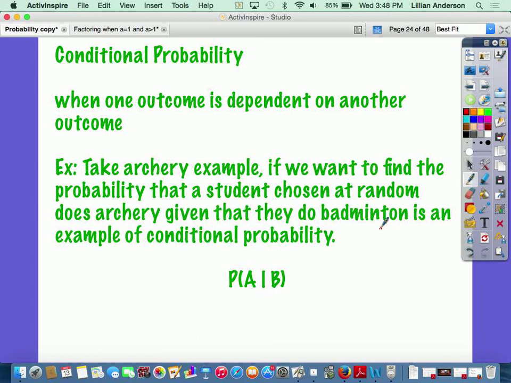Let's say we want to find the probability that a student chosen at random does archery given that they do badminton. That is an example of conditional probability, because I'm not looking at, if a student is chosen at random, if they do archery out of the whole group. I'm looking for the probability that a student does archery given that they also do badminton.